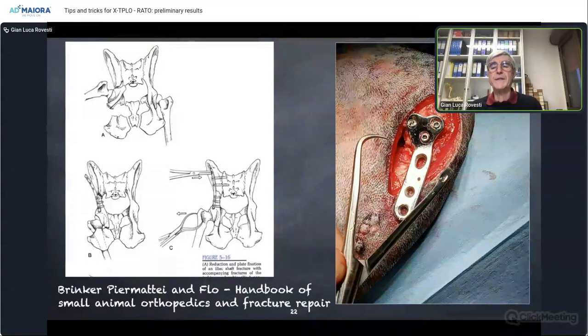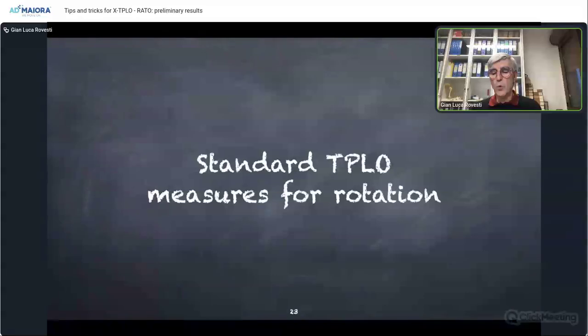The further point that we evaluated was how to get the measures for rotation.